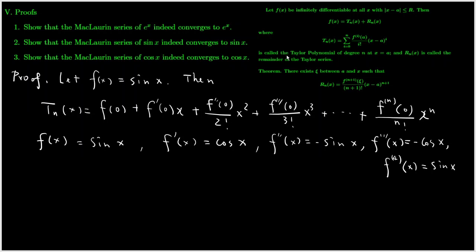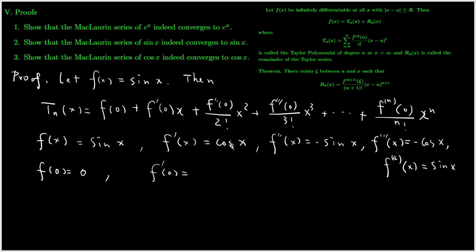And then in order to get the Taylor polynomial of degree n, we need to evaluate the derivatives at x value of 0. The value of the function at 0, sine of 0 is equal to 0, right? And then the derivative of the function at 0, it means cos of 0.